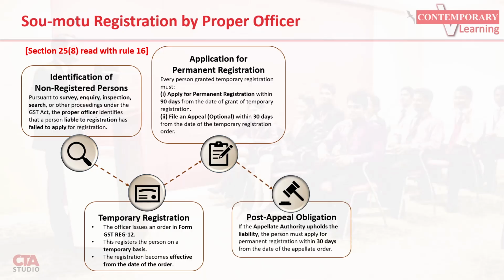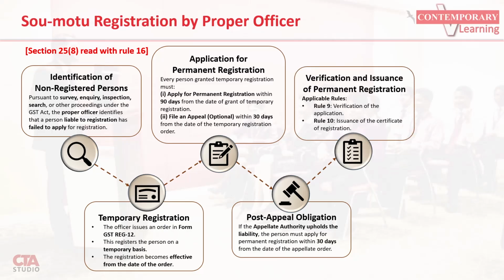Post-appeal obligation. If the person chooses to appeal and the appellate authority upholds the liability, the person must apply for permanent registration within 30 days from the date of the appellate order. Verification and issuance of permanent registration.